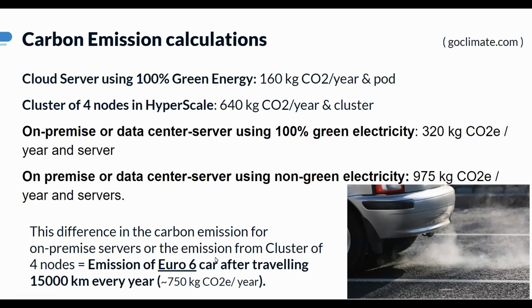That was equal to 750 kgs of CO2 per year, and we have a really close number, 655 kgs of CO2. That's a huge issue if you look at the amount of CO2 emitted by traveling in a Euro 6 car for 15,000 kilometers per year.